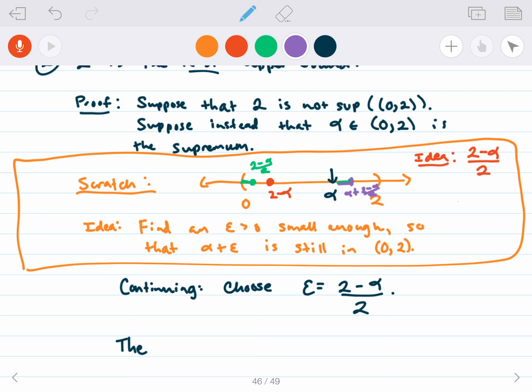And so that's this guy, right? If I add on epsilon to alpha, I get alpha plus 2 minus alpha over 2. So then alpha plus epsilon is going to be alpha plus 2 over 2.